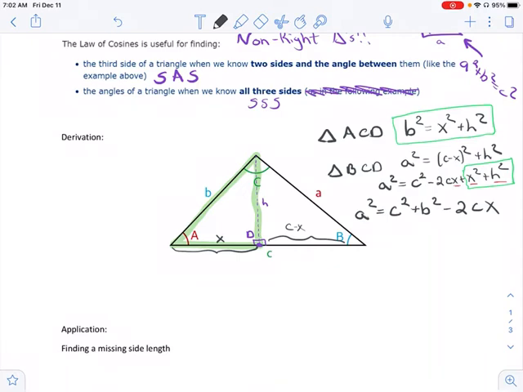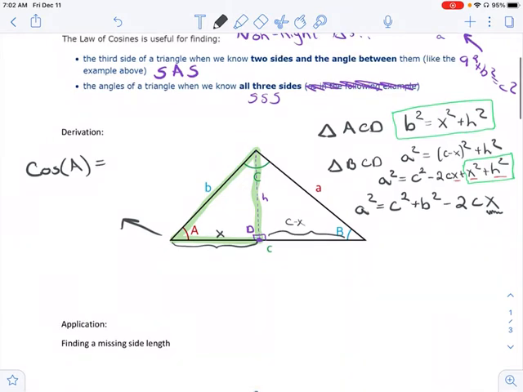So I've almost arrived at an equation that doesn't include anything that I've made up in terms of x or h, and is just the original components of the triangle. The only remaining piece of this that I want to see if I can get rid of is this x. So that x, I could say, another statement over here, that the cosine of A is equal to x over b.